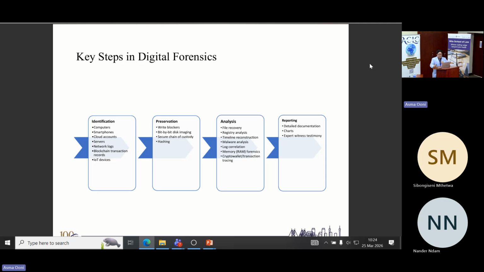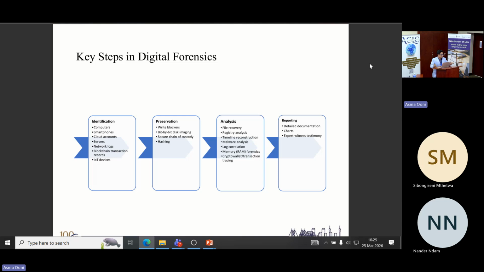Now the next part, when something is identified, is preservation. Whenever some crime has happened digitally, it is very important that nothing should be written after that. We should keep the data intact in its original state. Many things can be done for this. For example, write blockers: whatever has been done up to this crime will be blocked, or they can create an image of it, so that if something is added, modified or deleted, it can easily be caught.